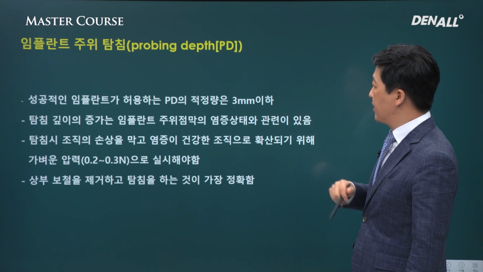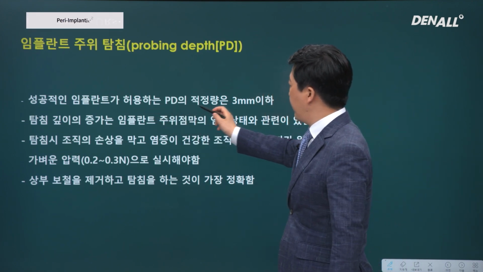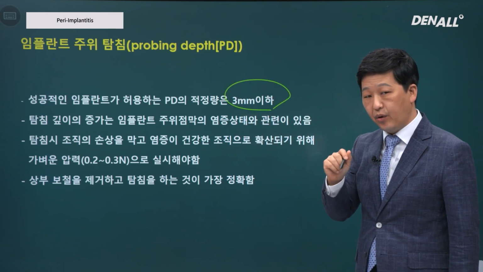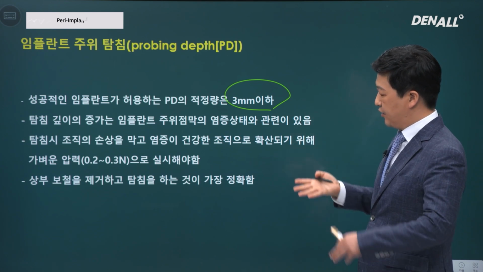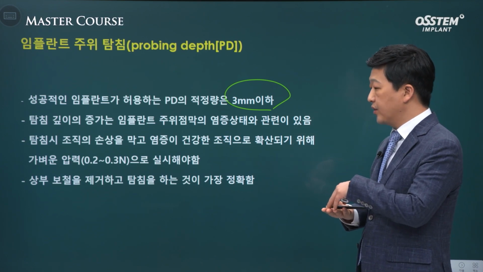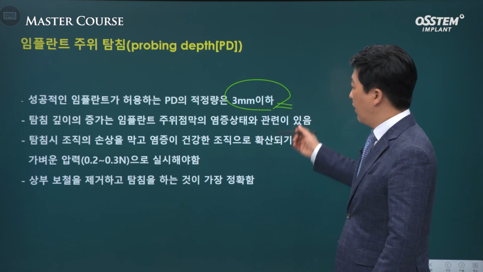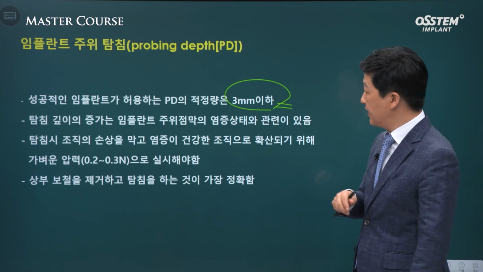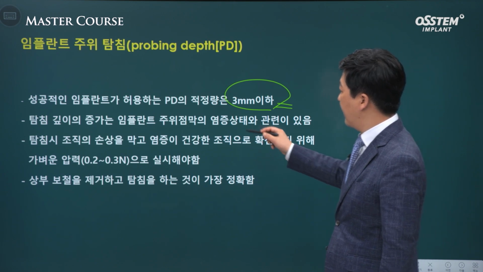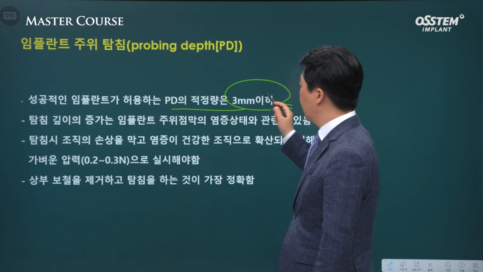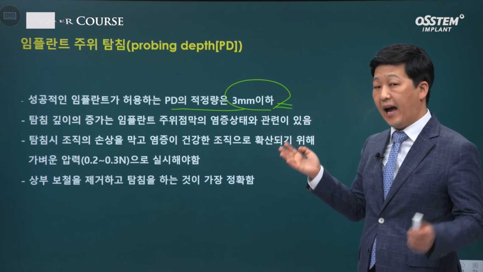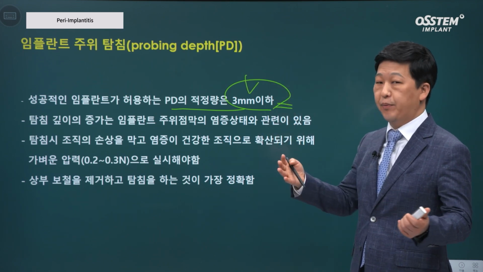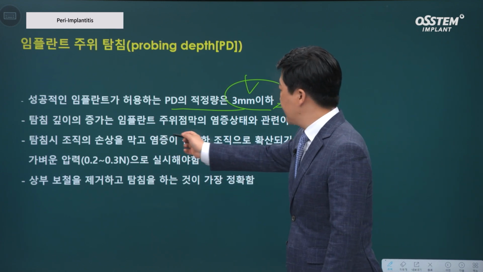When we probe around the implant, if the probing depth is under 3 millimeters, then it can be considered a successful implant. This is the amount considering the mucosa thickness that has healed. If the gingiva is thick, or in the case of immediate implant placement, even if probing depth goes beyond 3 millimeters, it may not be peri-implantitis, so we should not trust this figure in an absolute manner.